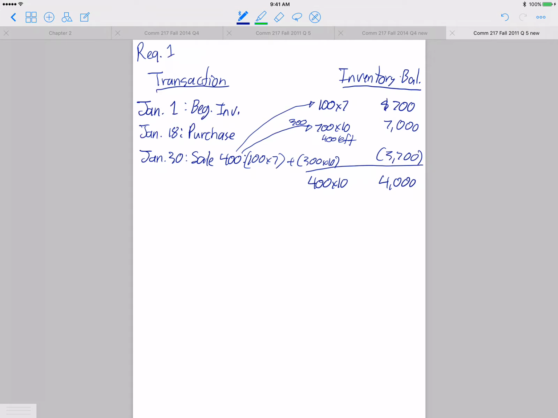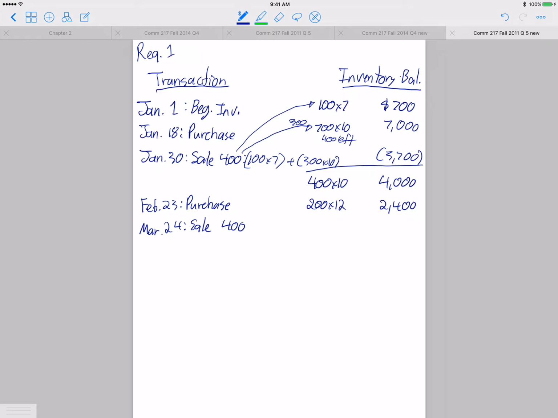On February 23rd, there was another purchase of 200 units at $12, giving us $2,400. And on March 24th, there's a sale of 400 units.